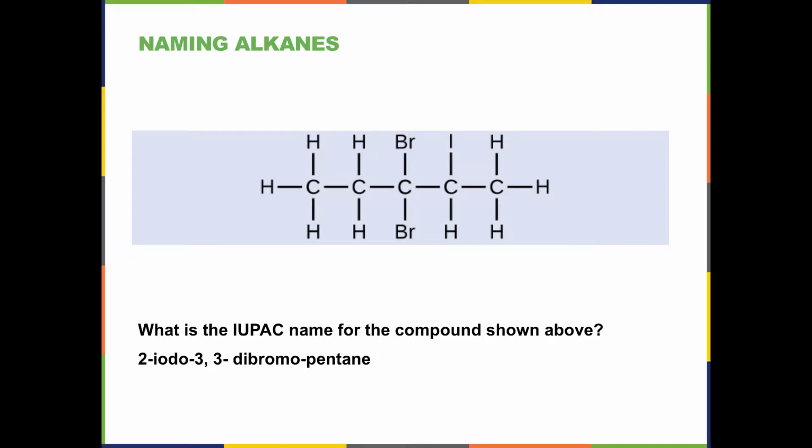So it's 2-iodo, and then 3,3, because that says that both of the bromines are on the 3 carbon, 3,3-dibromo pentane.